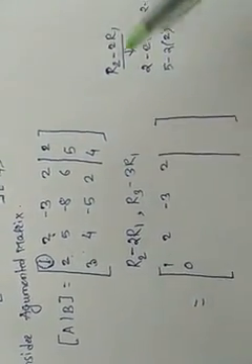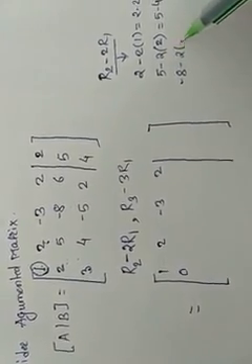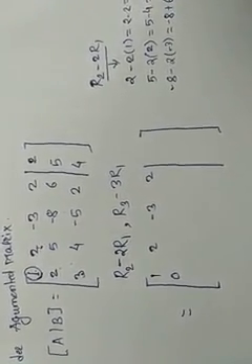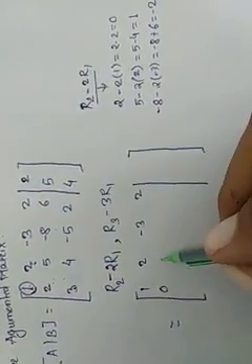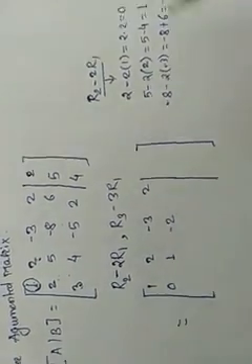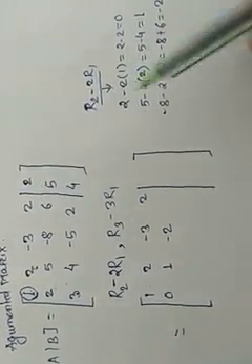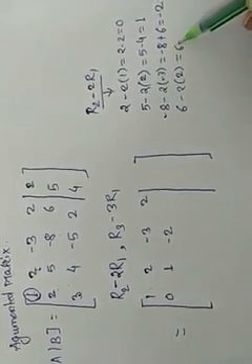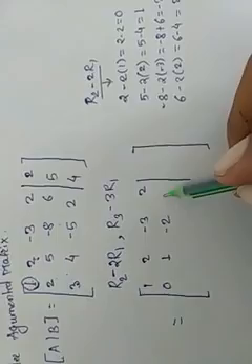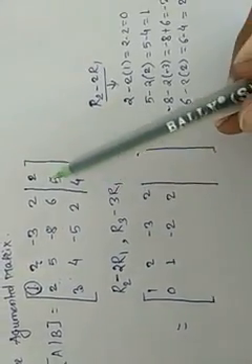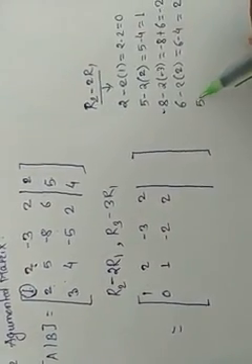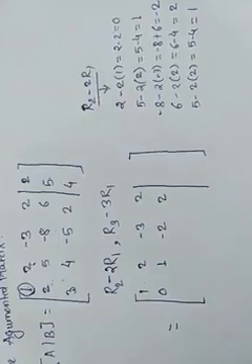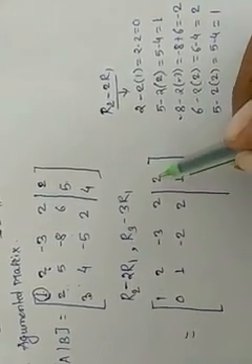Next, -8 minus 2 into -3, which is -8 plus 6, which is -2. Next, the value 6, 2: 6 minus 2 into 2 is 6 minus 4, which is 2. And the last calculation, 5 minus 2 into 2 is 5 minus 4, which is 1. Here our value is 2 as it is.